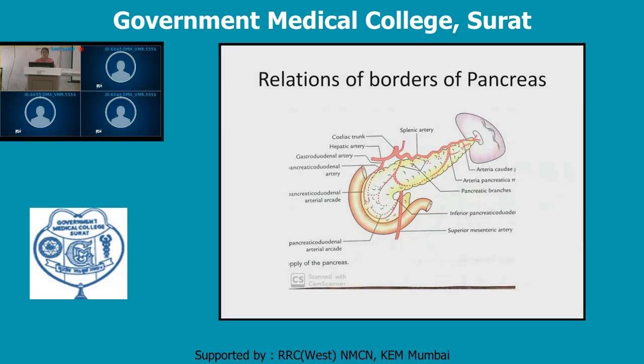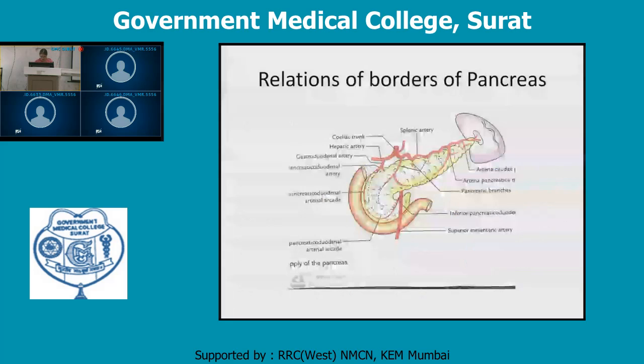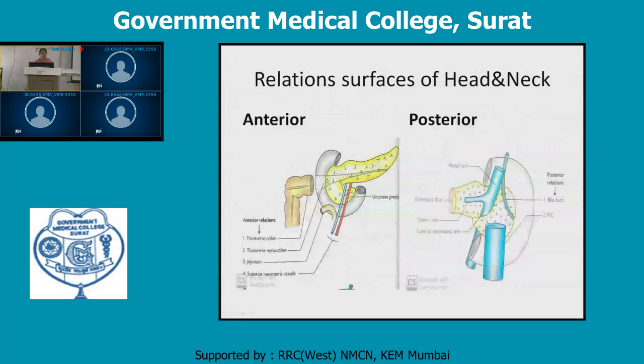So here you can see most of the relations of the borders of the pancreas. Now the relations of the head, the surfaces. We have already seen the three borders of the head of the pancreas. Now see the relations of the surfaces. On the anterior surface of the head of the pancreas there is the transverse colon and transverse mesocolon. Right? This is the transverse mesocolon.